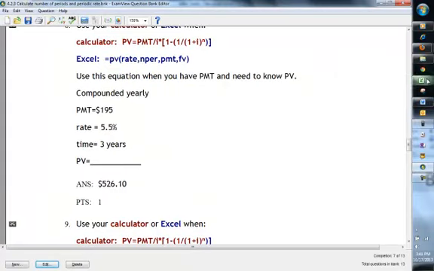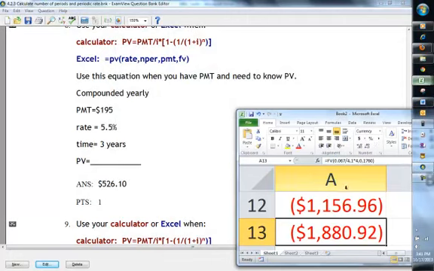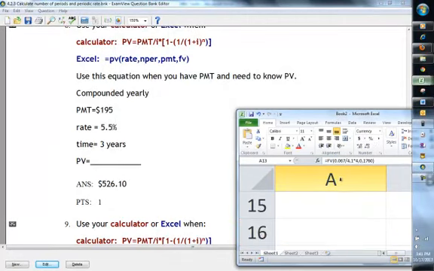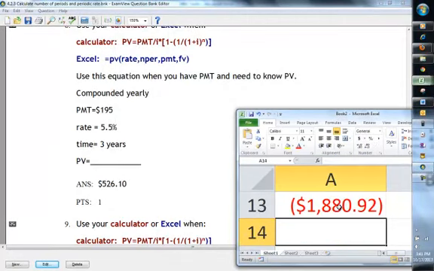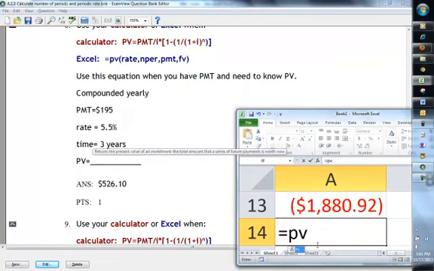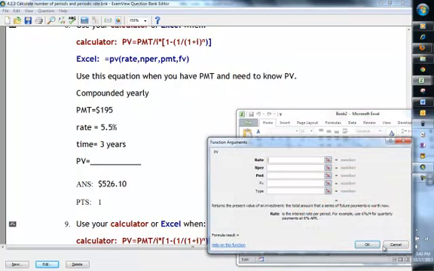Now, this is the first kind that we have where we do have a payment. Let's look at this question here. It says, find the present value, so equals PV, when we have a payment. So let's look at this problem. The rate is still 0.055. It says compounded yearly, so we don't have to divide or multiply by anything.